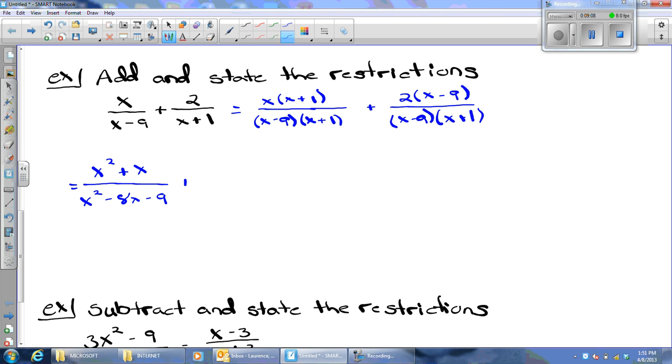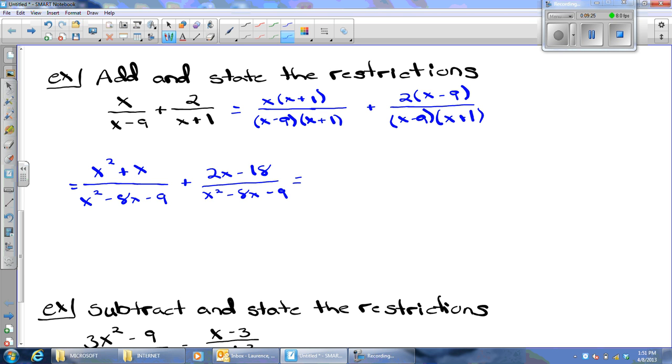And then our next one is going to be 2x minus 18 over x squared minus 8x minus 9.